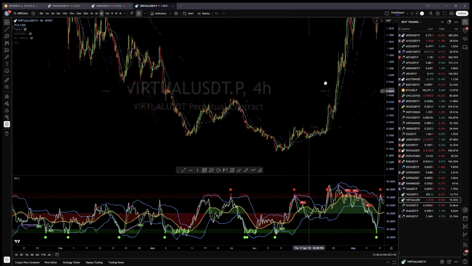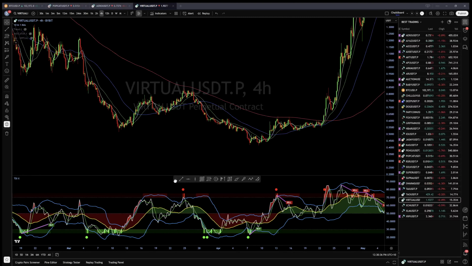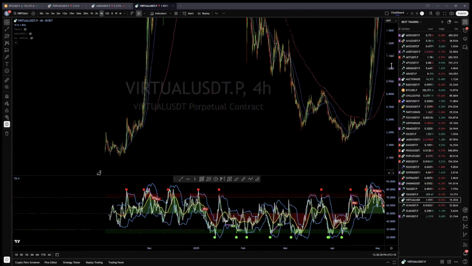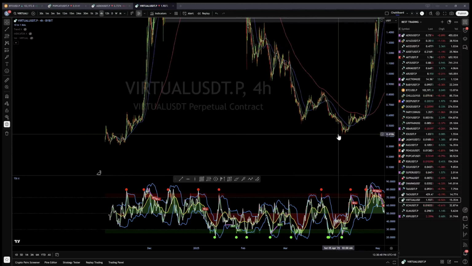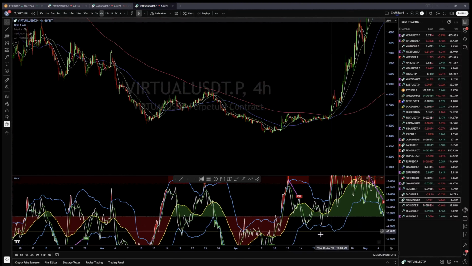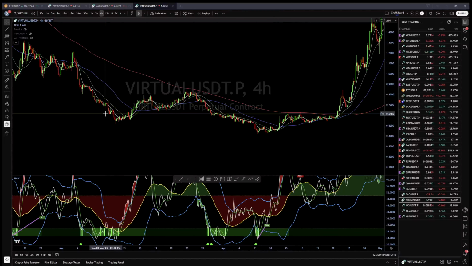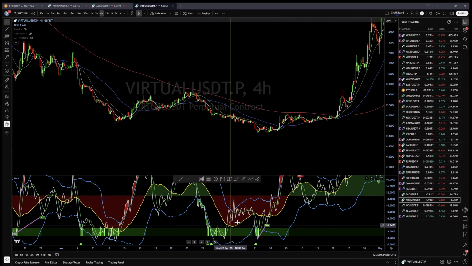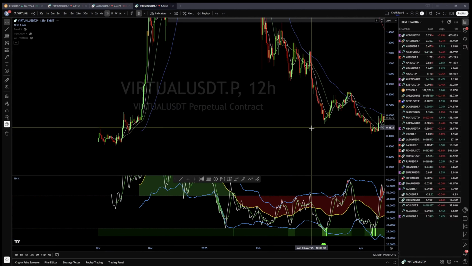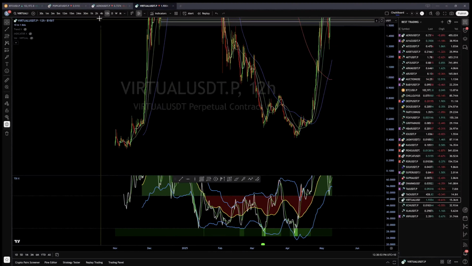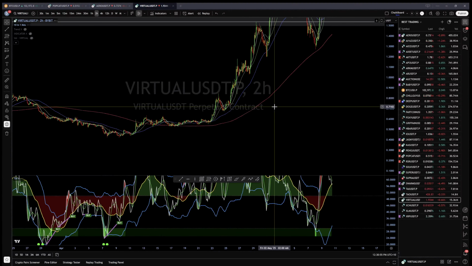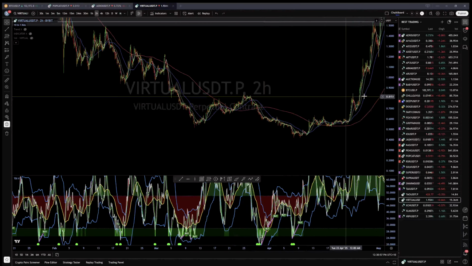The first thing I often do when I look at the charts, whenever there's been a big downtrend or a dump, is look at the money flow, and I'm like, okay, this has been going down for a while, and I'll check different time frames. This one's not a good example. Here's a really good example.